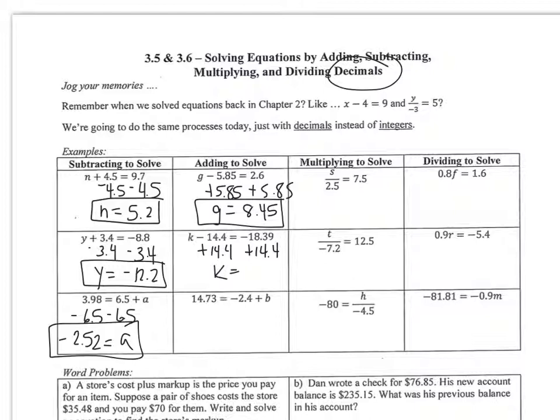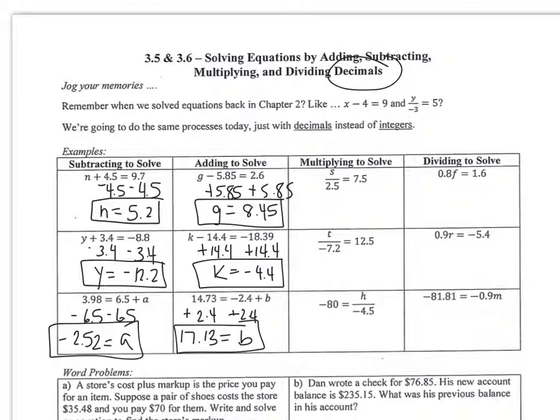So you do negative 18.8 plus 14.4, and you get negative 4.4. And then the last one, you add 2.4 to each side. So 14.73 plus 2.4 is 17.13.